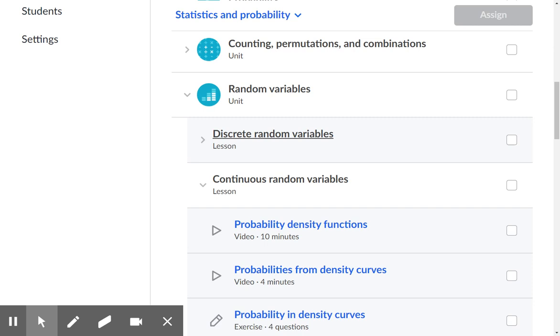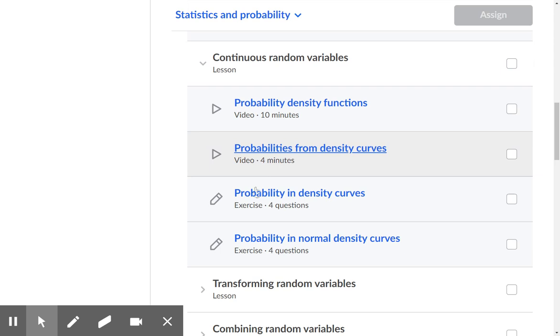Things like time, maybe distance, but it depends on what kind of distance you are doing. Height, weight. Those are all continuous random variables.